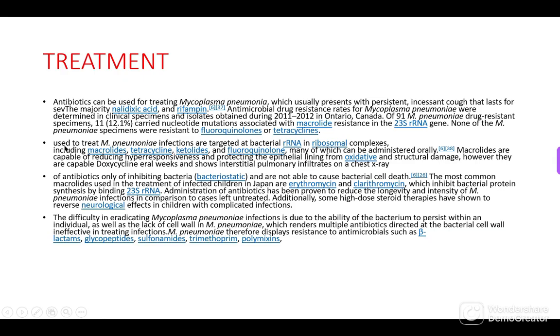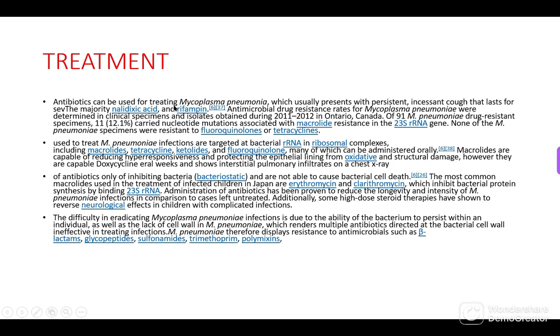Treatment: you have to give antibiotics. The antibiotics we use here are quinolones and rifampicin, which are a very good antibiotic combination. I will give moxifloxacin as the quinolone, with rifampicin.